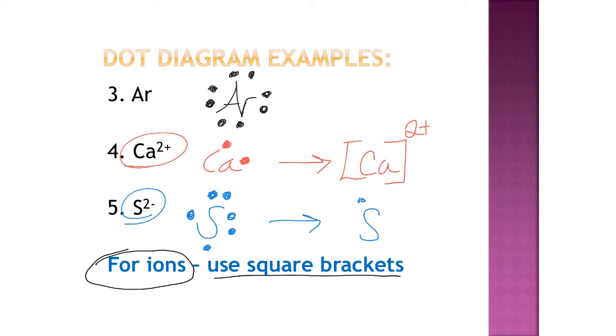So now it would have 8 valence electrons. So we draw 8 valence electrons. Then, since it's an ion, we will have to use the square brackets because that's the way that we show ions, and then the charge on the outside.